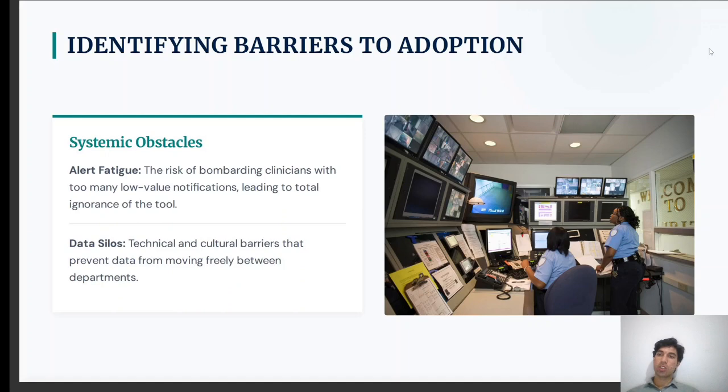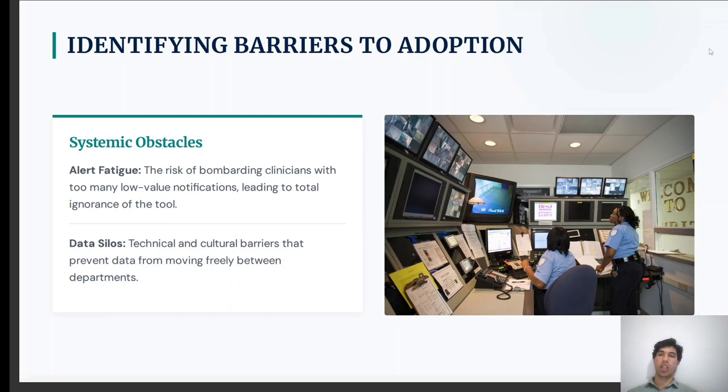The first and most prominent one is alert fatigue, which is basically when our model bombards the clinicians with too many low value notifications, which leads to a total disregard of the tool. Because if a clinician is constantly getting notifications that are irrelevant to them or of very little importance, they're going to ignore every notification that they get from our model and might miss a critical notification or warning or recommendation.